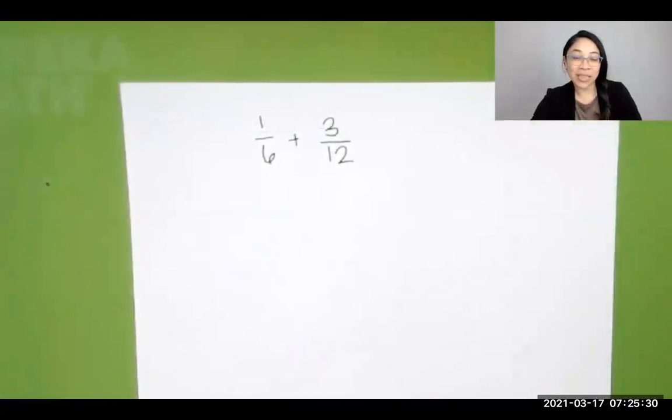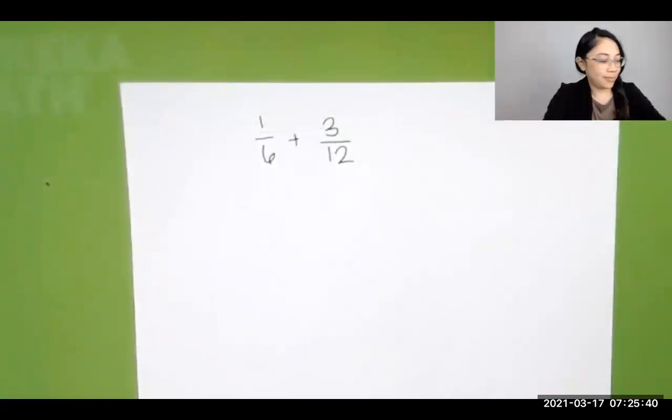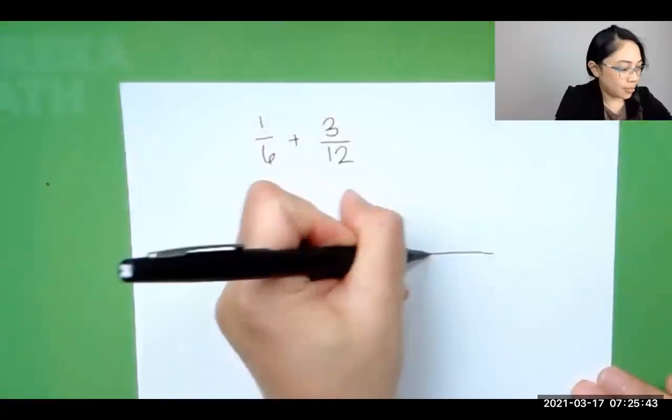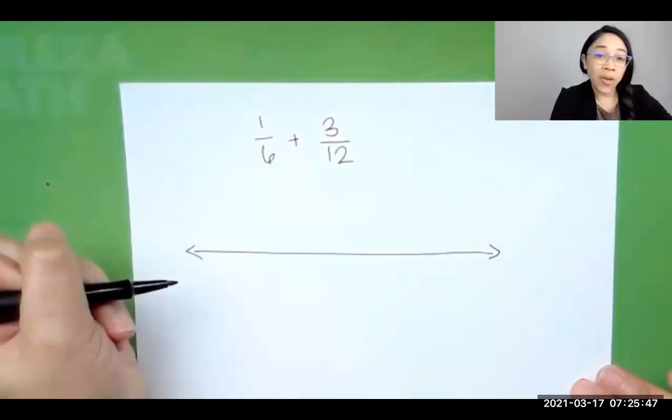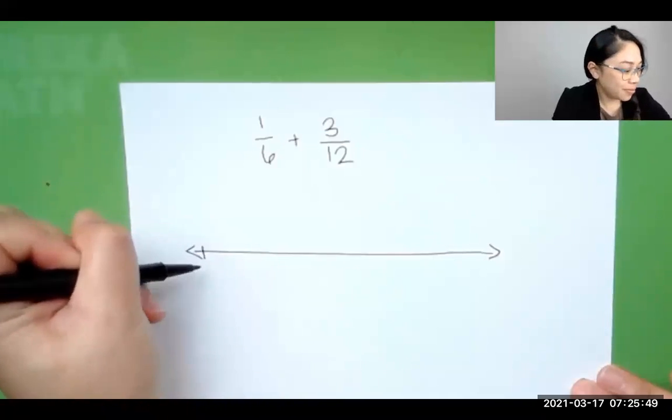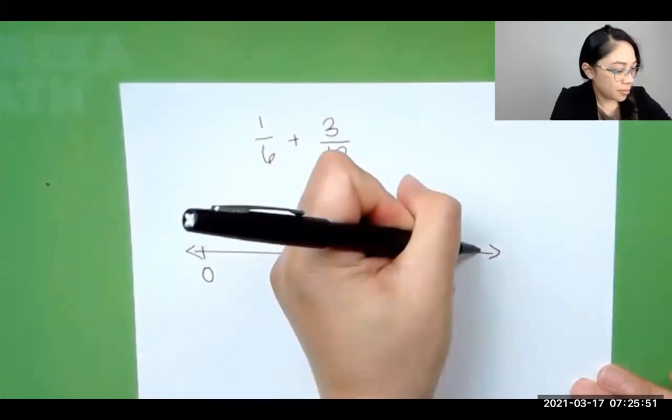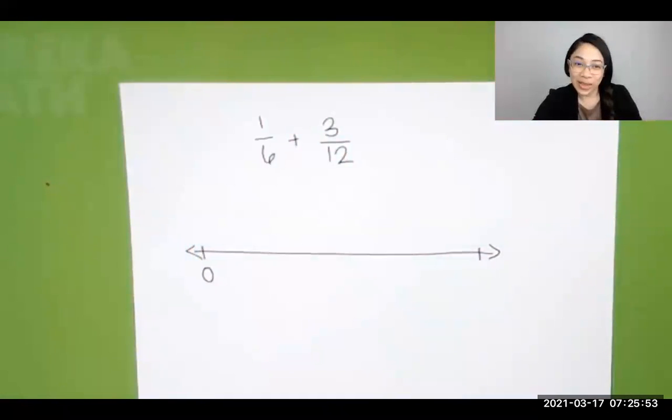Our next math expression is 1/6 plus 3/12ths. Let's estimate the sum as we draw a number line to model the addition. I'll go ahead and mark the 0. Think, do I need my number line to go past 1?